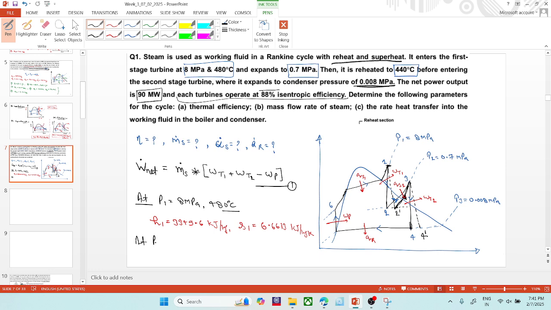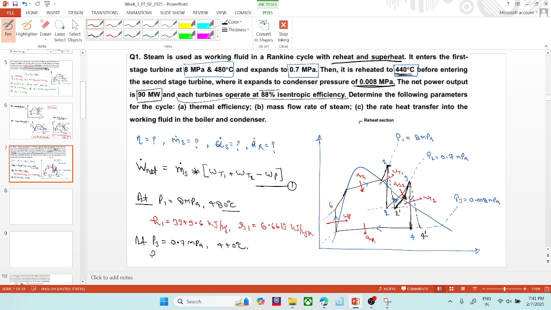Okay, and at P3, P2 or P3 are the same. P3 is equal to 0.7 megapascals and 440 degrees centigrade. So here the temperature is given as 440 degrees centigrade.